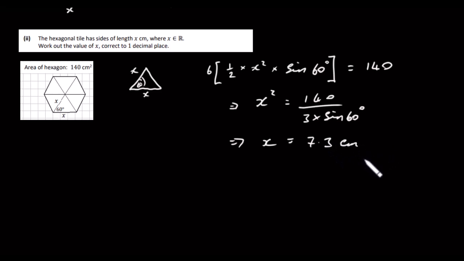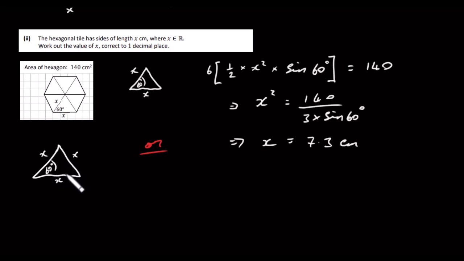So there is another way of doing this. Let me just write this down first. You can take one of these triangles. This is 60 degrees here, this is x, and x here. What you could do is find the area of one of these triangles a different way, half the base times the height.